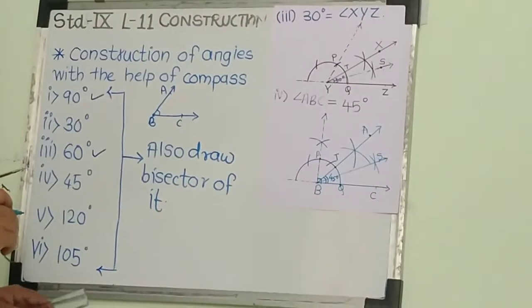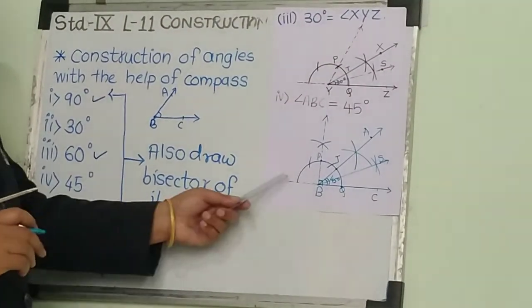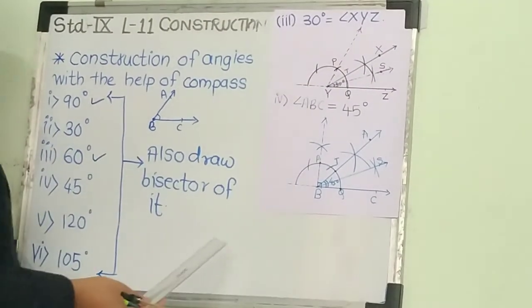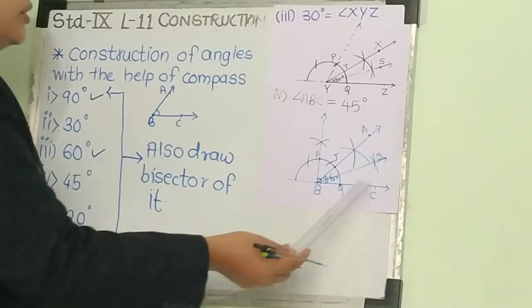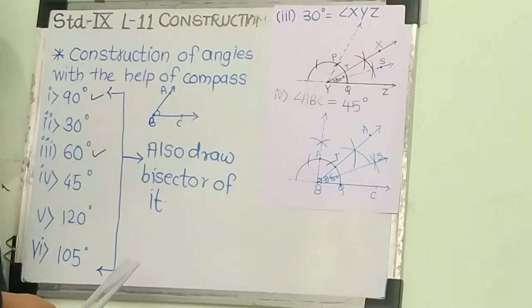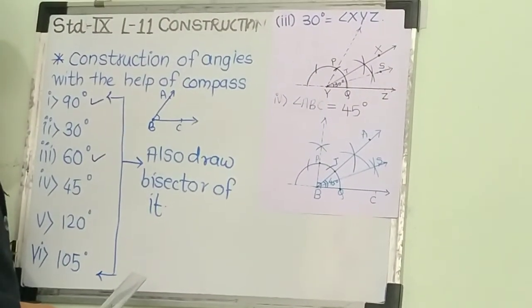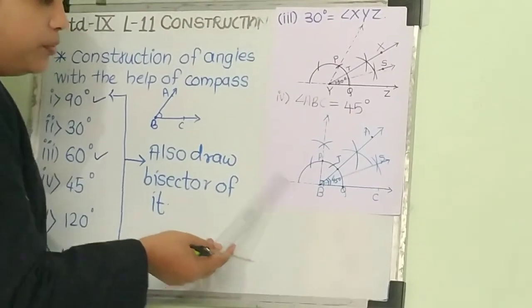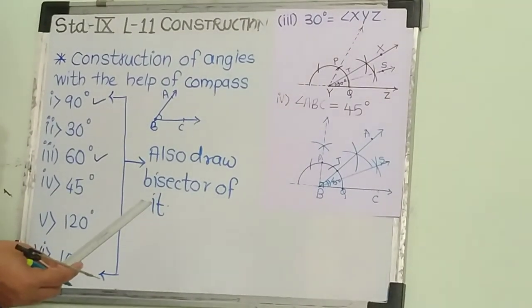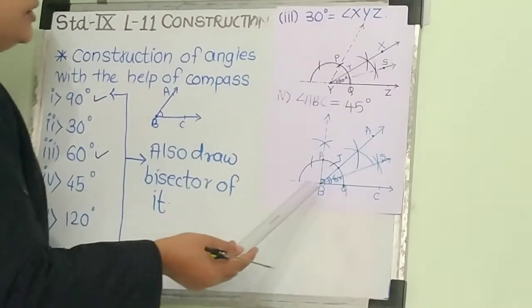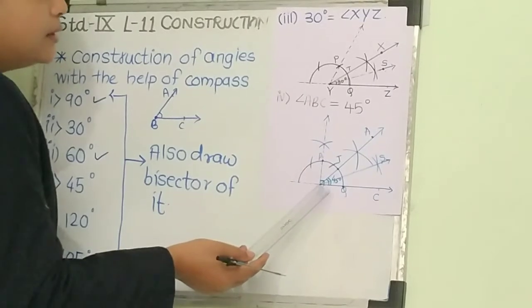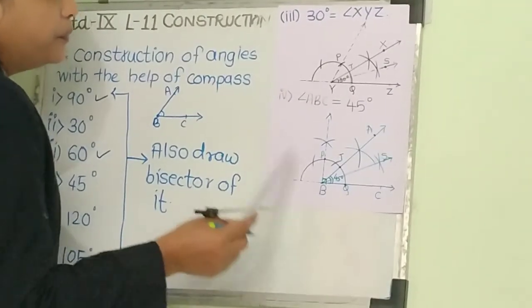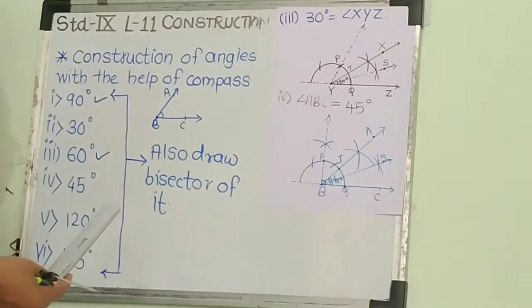Now you just draw this. I will tell you the steps. First you have to draw BC. Then you have to extend the BC to the left of B. After that you have to draw the semicircle from the point B with fixed length.